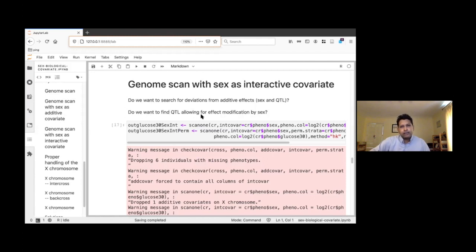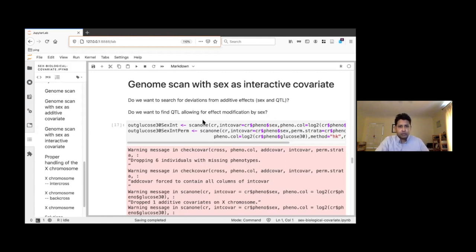I like this a little bit better, but there is a price to fitting this model because it is more complex.